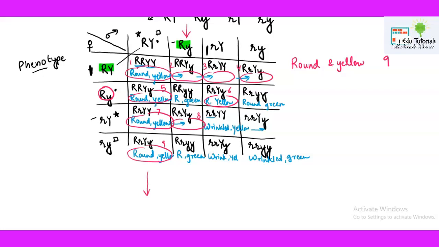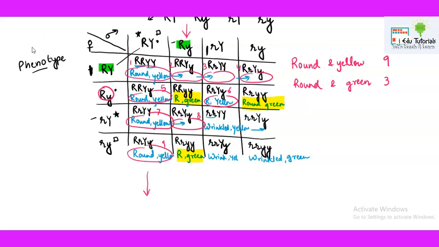So of course we need to start from round and green. We will count how many individuals are round and green. This is round and green. This is also round and green. And this is also round and green. So our next phenotype is round and green. And how many individuals are there? Yes, there are 3 individuals.